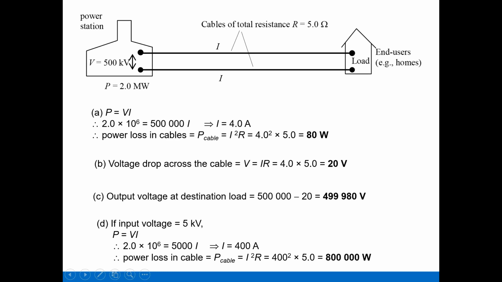Now think about this. How much power are you producing? In the power station, it's 2.0 mega. This is 0.8 of a mega. Do you agree? This value here.